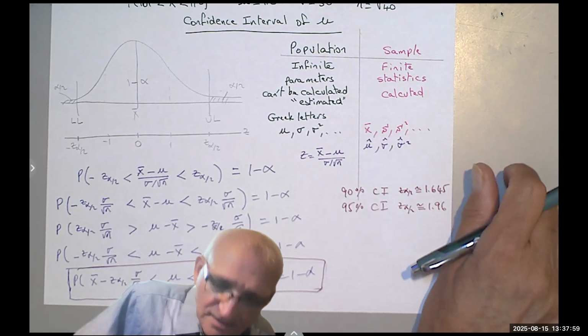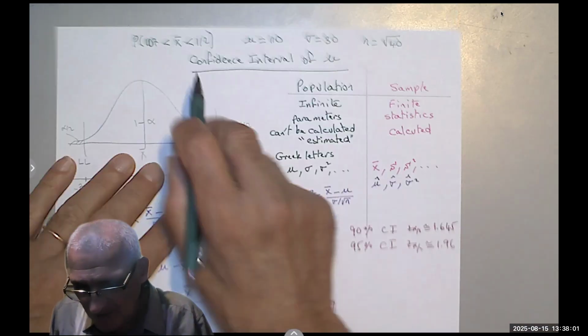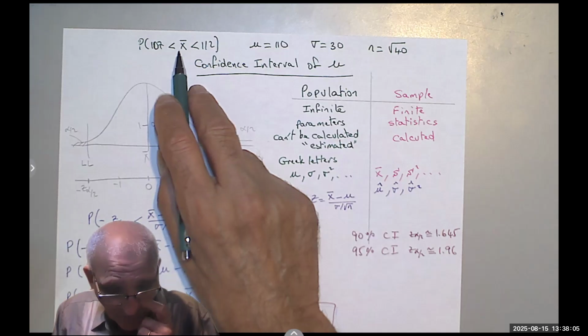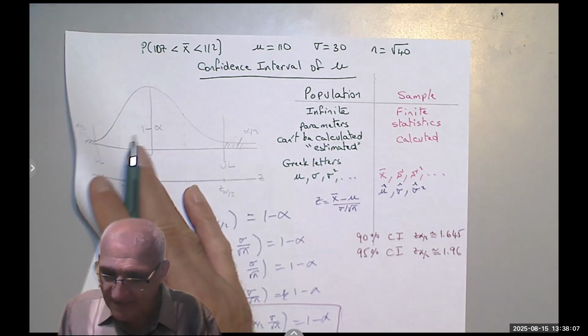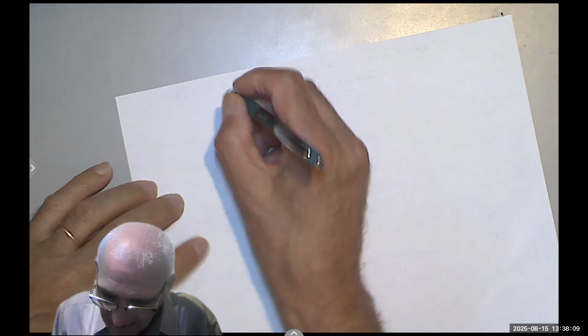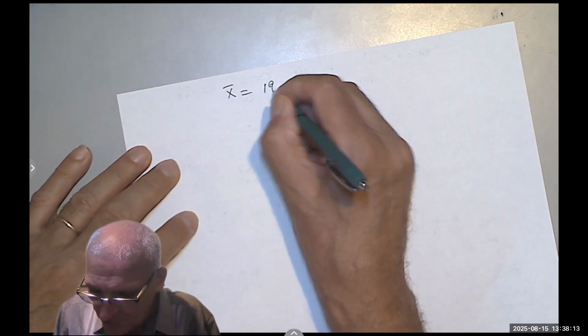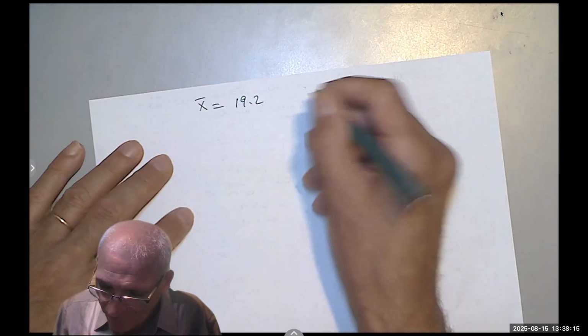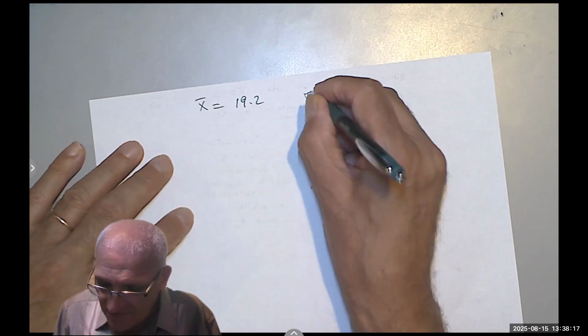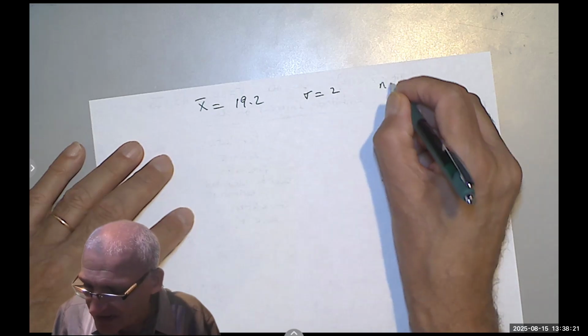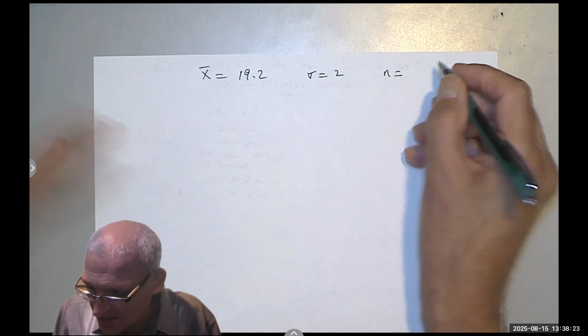Okay, we can do it for any problem. So let's say we calculated x bar and it was whatever, 19.2. And the standard deviation of that was 2, and your sample size was whatever, 5.